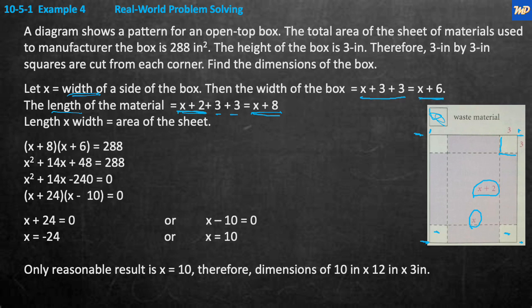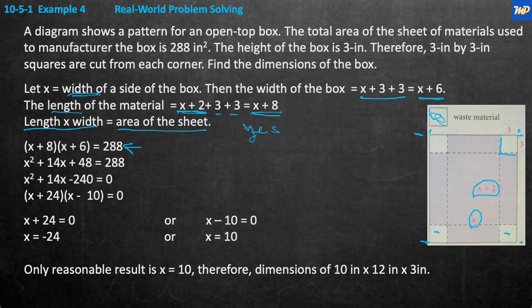So they're saying here the length times the width is equal to the area. And do we know what the area is? Yes. The area is 288 inches squared. That's the area of the sheet that makes this box.